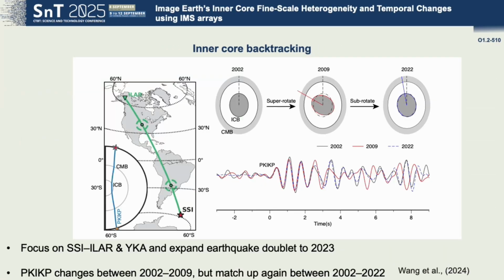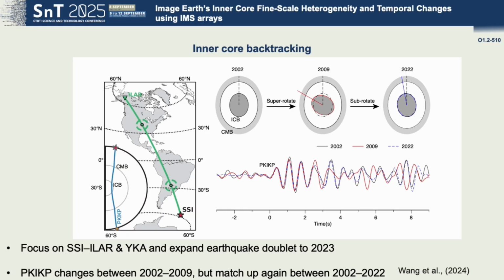We expand our dataset to 2023 and focus only on polar ray paths. We find that the PKP-IKP coda from 2002 to 2009 saw changes, as shown in the black and red waveforms in this figure. But by 2022, the waveforms match again, as shown in the blue and black.